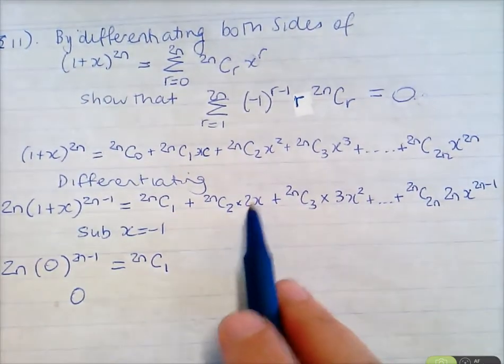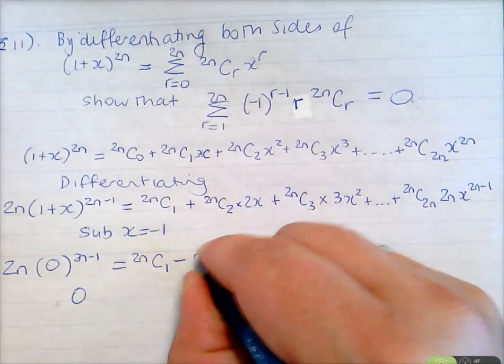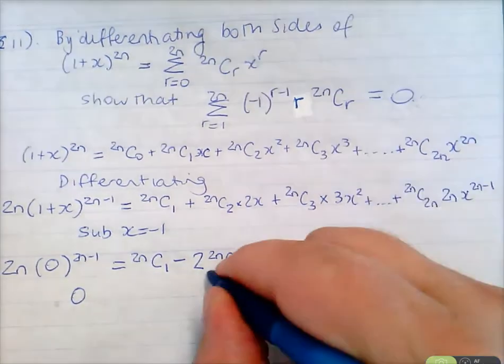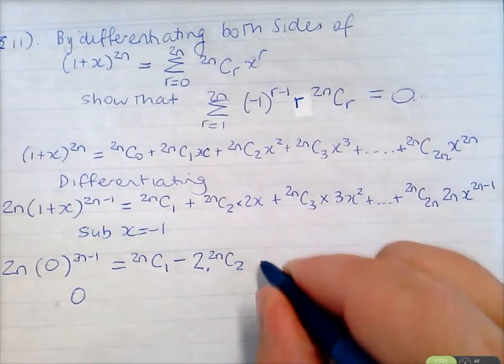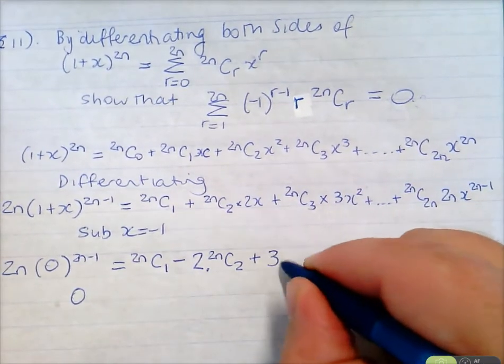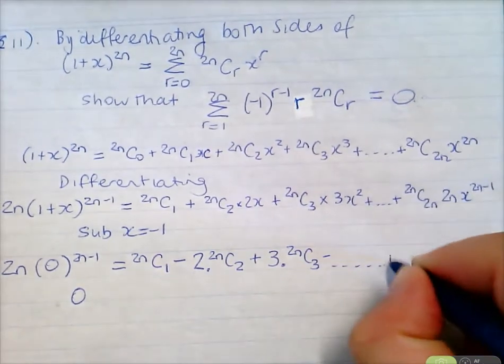Now, what are we going to do when we substitute -1 for the x? Isn't it just going to be minus 2 times 2nc2? So I'm writing it as minus 2 times 2nc2. Then -1 squared is +1, so plus 3 times 2nc3, minus, plus, whatever.